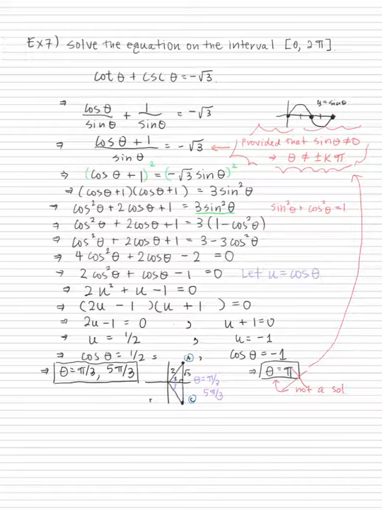Okay, so now what we need to do is check if theta equals pi over 3 and theta equals 5 pi over 3 are solutions. So let's take that maybe on the next page. Okay, so let me just write down the equation. So we had what? Cotangent of theta plus cosecant of theta equals negative square root of 3.